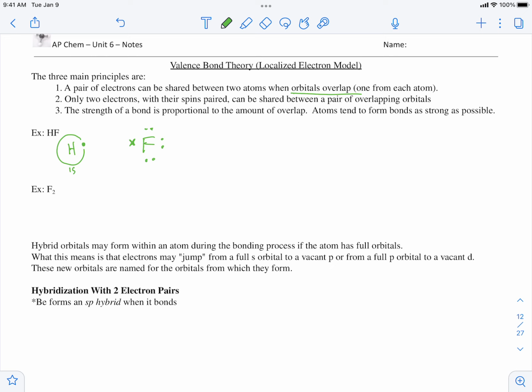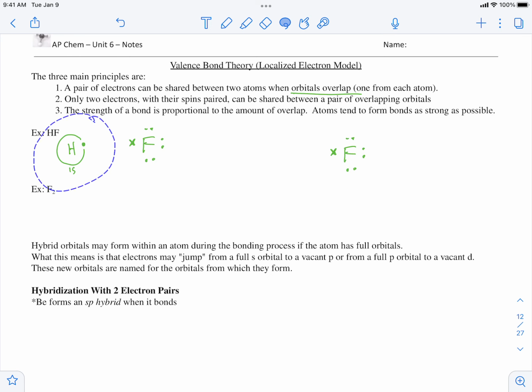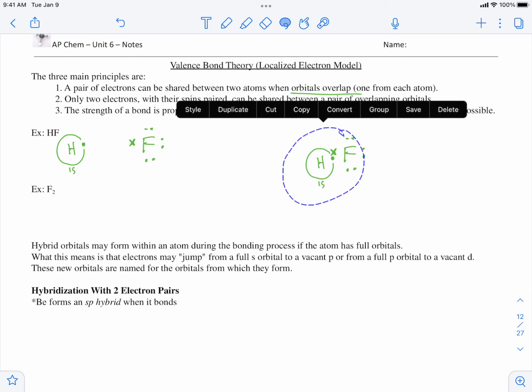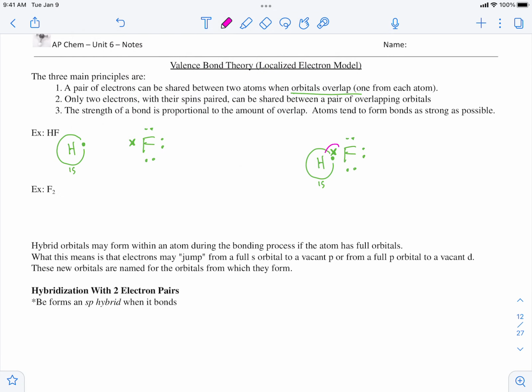So when these two overlap, that covalent bond, that space where that covalent bond exists, is a result of overlap of two half-filled orbitals.